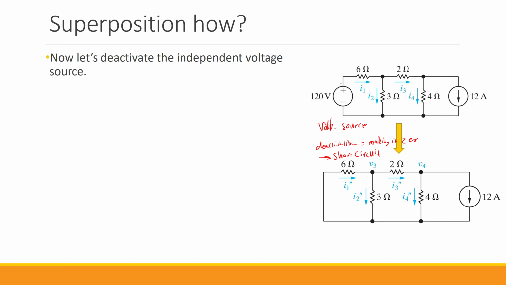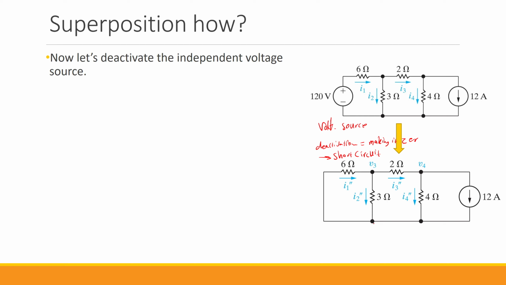So for the voltage to be 0, that means that these 2 points need to be connected to each other, so they are at the same voltage. And that's basically what we did here. So we short circuited this 120 voltage source, but we have the independent current source active.